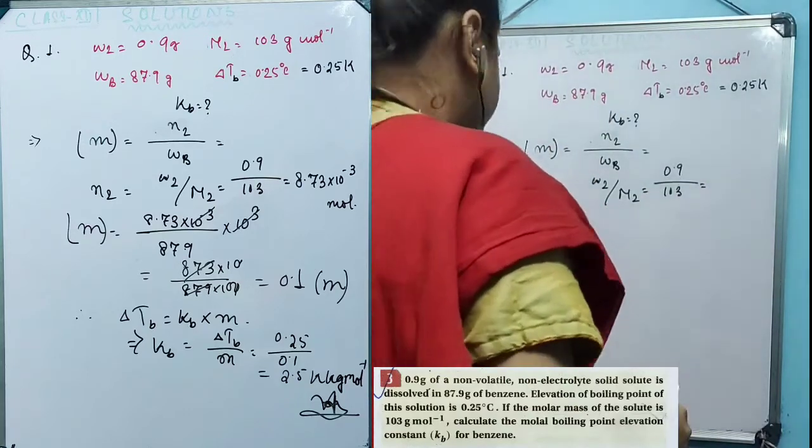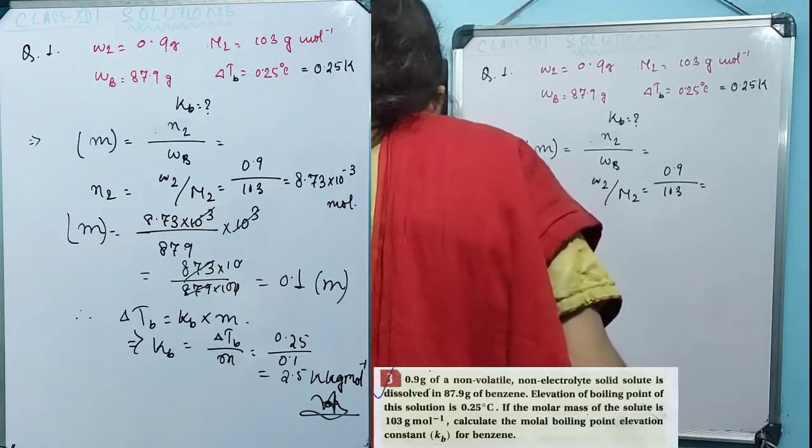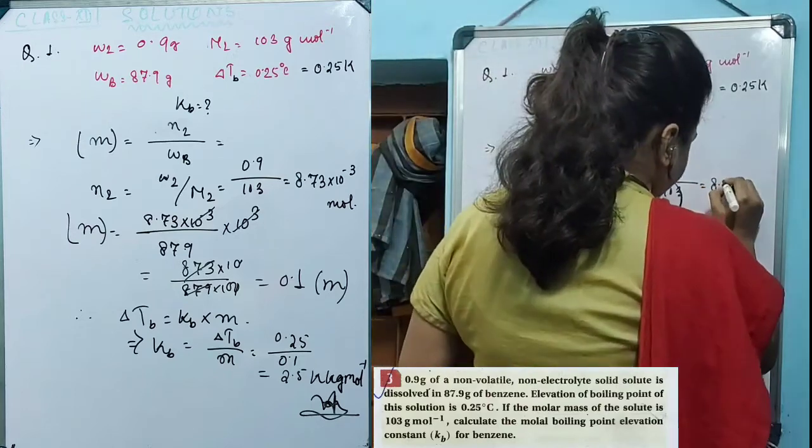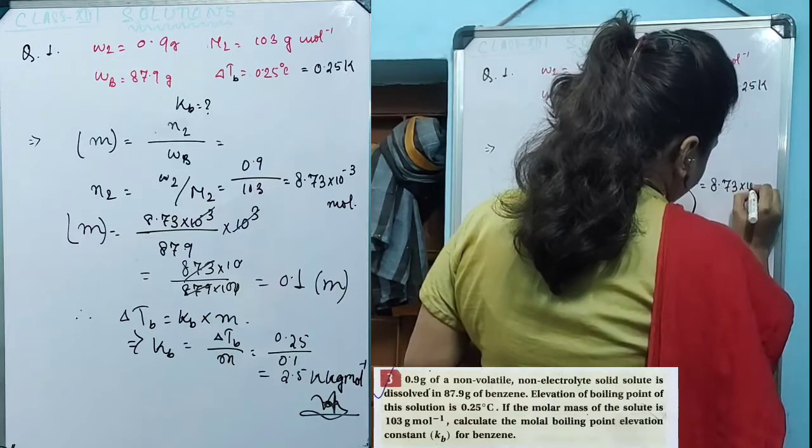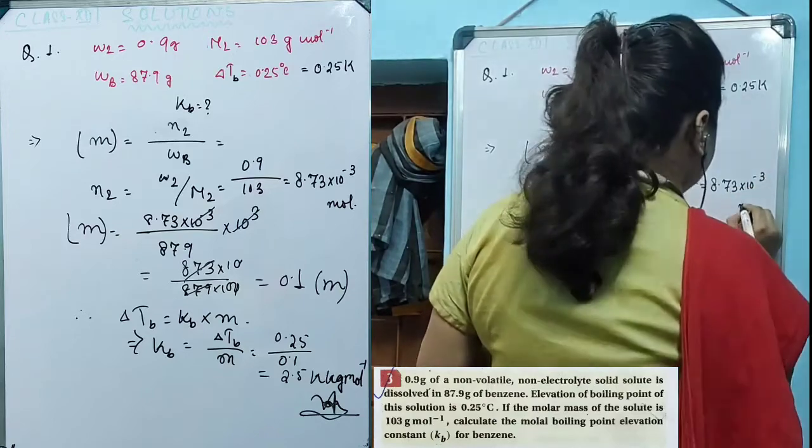The answer of this is 8.73 into 10 to the power minus 3 mole.